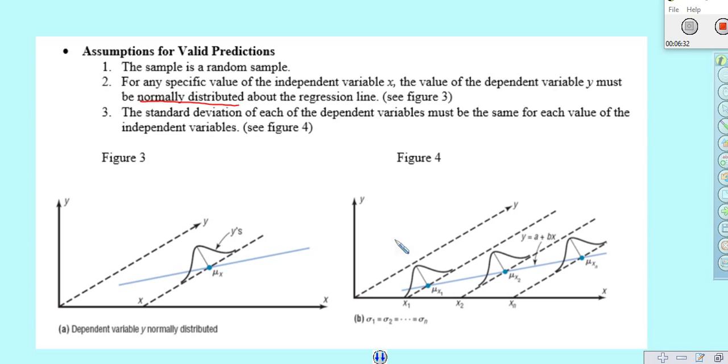So I had a note here thinking about figure 3. So normally distributed, just think about this little curve. Don't get real deep in the depth, it'll knock you down. This is more of a vocabulary question. Last one. The standard deviation of each of the dependent variables must be the same for each value of the independent variables.